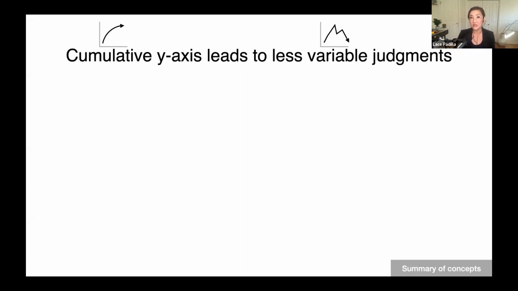For example, a COVID testing site might open and all of a sudden you see a steep upward trend, or it's a holiday and no one's getting tested and you see a steep downward trend. So the information about risk that's being conveyed by those visualizations might not always be reflective of the true risk, and our beliefs about our risk are very influenced by those trends. So essentially it produces these variable judgments that may or may not be desirable, whereas the cumulative y-axis has a more stable impact on our risk estimates.